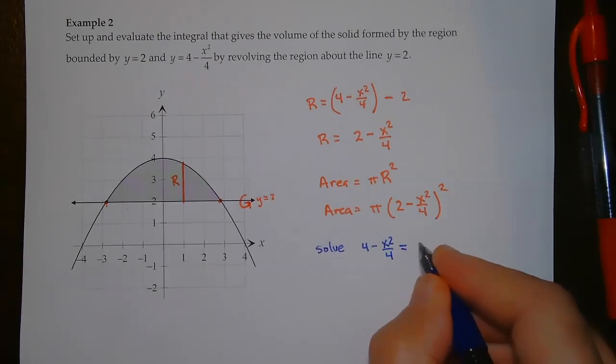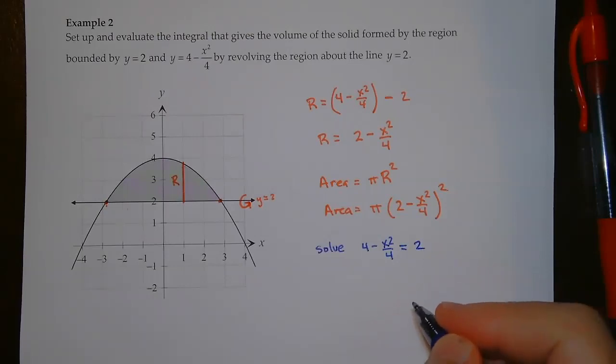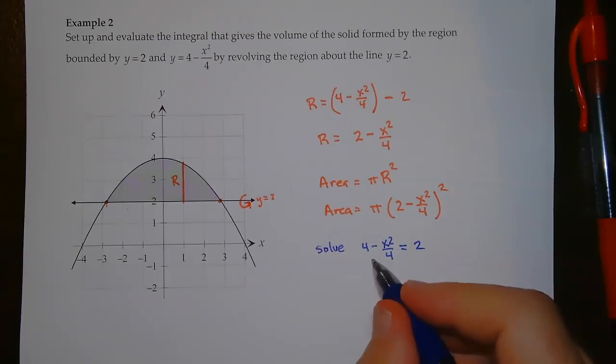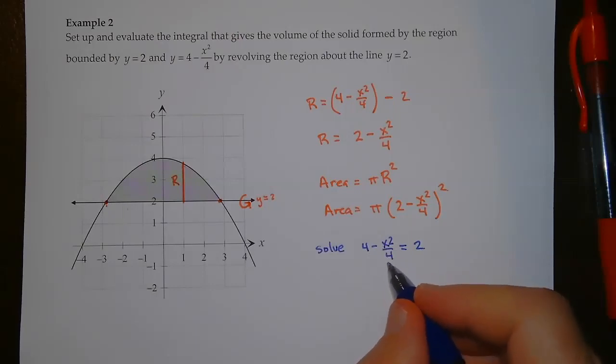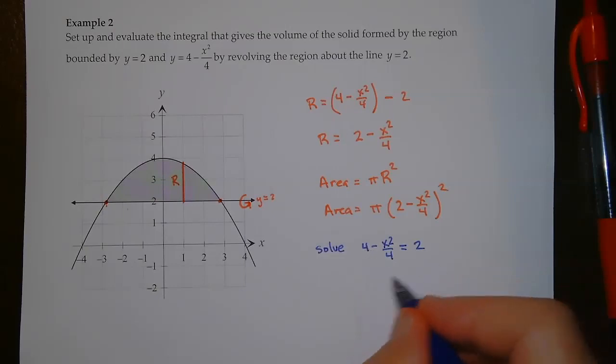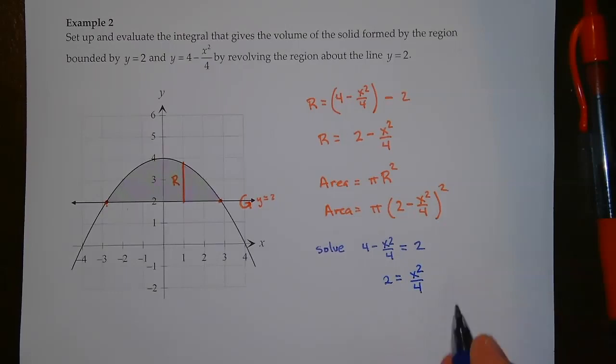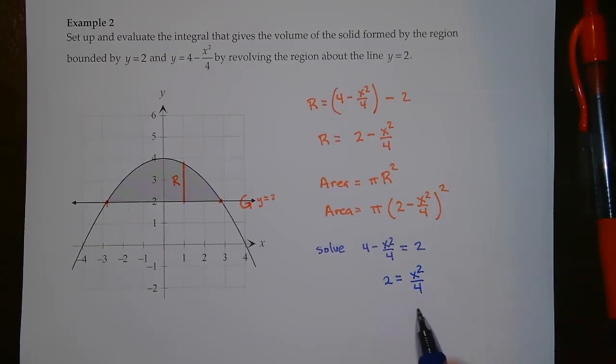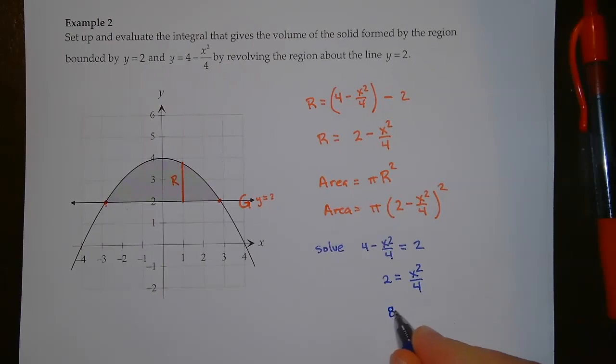When is that equal to 2? I'm going to move this negative x squared over 4 over to this side, and I move the 2 over here. So 4 minus 2 would give you 2 is equal to x squared over 4. Then multiplying both sides by 4, I would get 8 is equal to x squared, and then square root both sides.